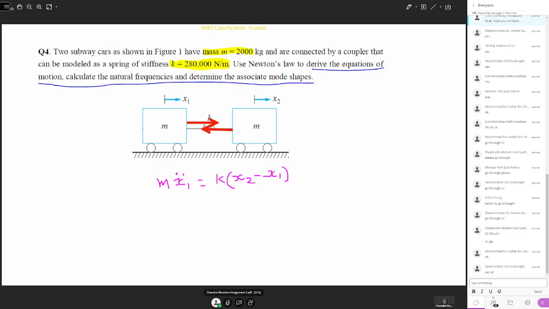So this will be your equation 1. Then equation 2 will be m into x2 double dot, which you can write as negative k times x2 minus x1.